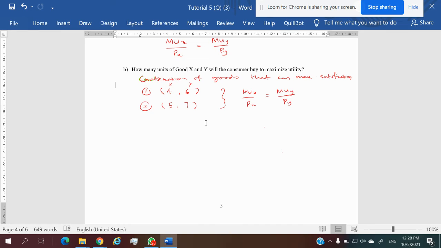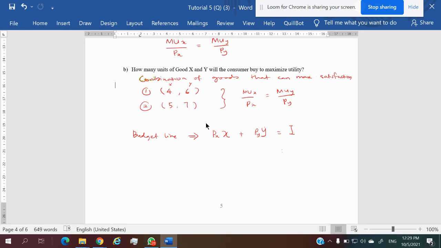Optimality means that you can afford to purchase that combination of goods. So we have to look at the budget line. What is the formula of the budget line just now? PX times the quantity of X, plus PY times the quantity of Y must equal your income I, or be less than your income.